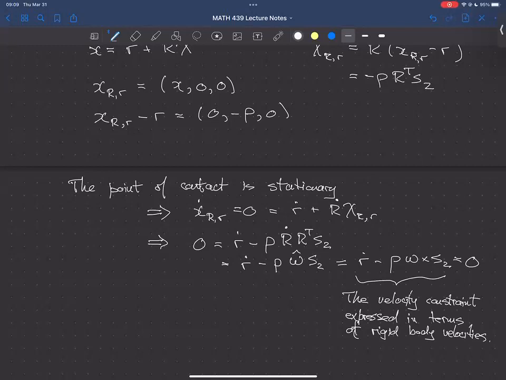Some elementary manipulations get the constraint into a form that is on the rigid body velocities.